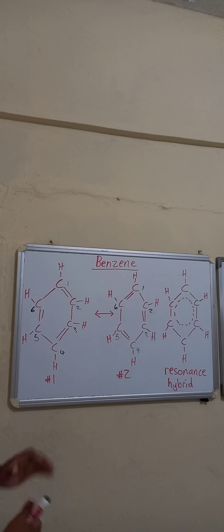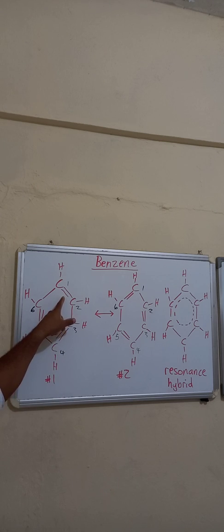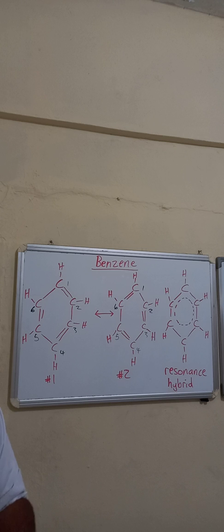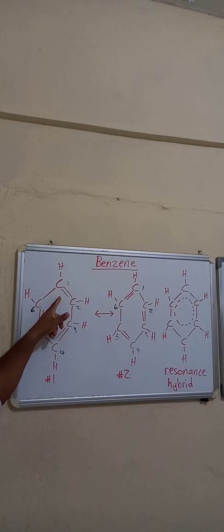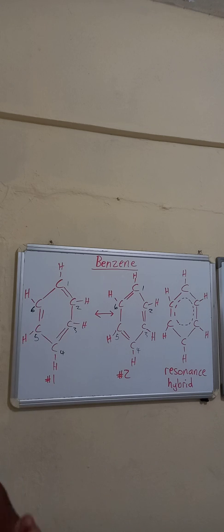Right? Now, when we go into the reactions of benzene, once you spot the double bond, you will think that benzene is going to react like alkenes because of the double bond. So you would expect it to do addition, but it actually does substitution.